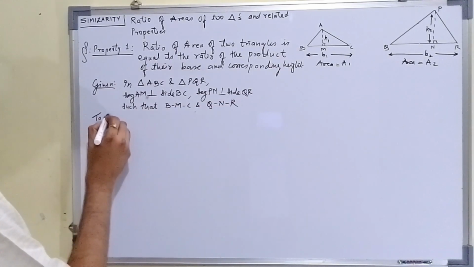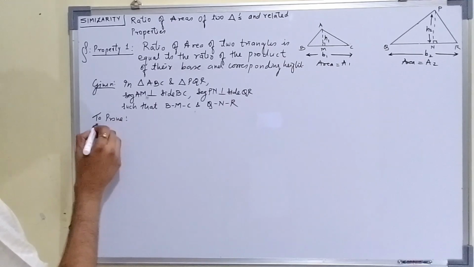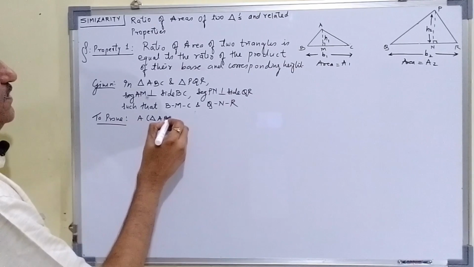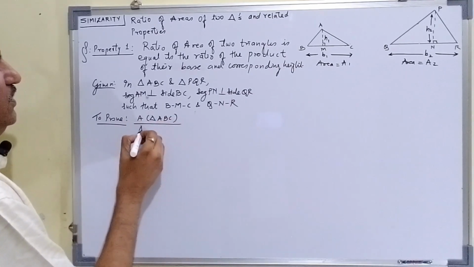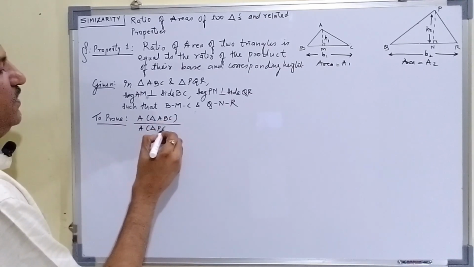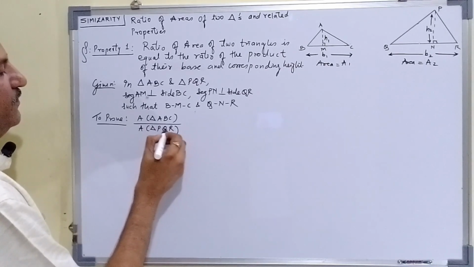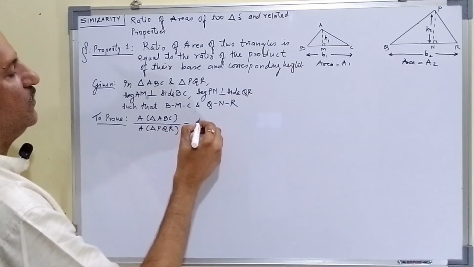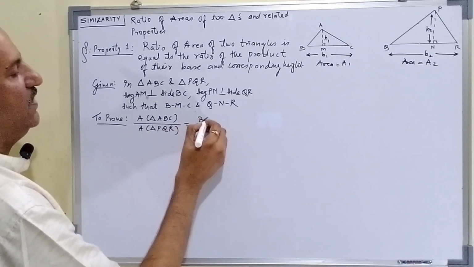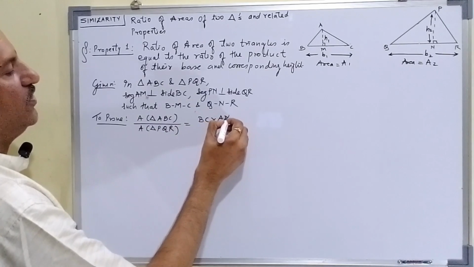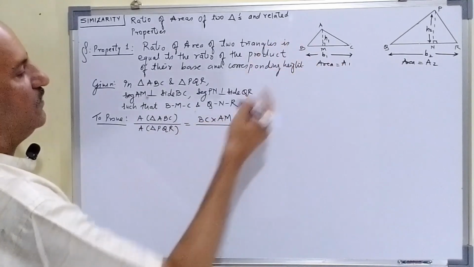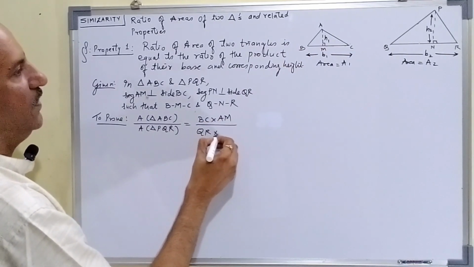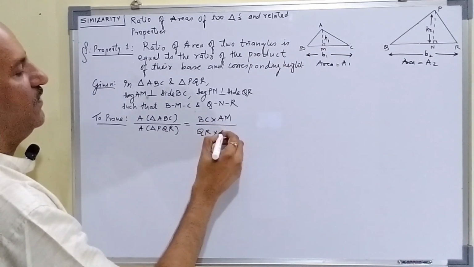What we have to prove? We have to prove area of triangle ABC upon area of triangle PQR is equal to base into height. So half base, it will be BC into AM, the product of base and height. In the same way, the product of base and height for the other triangle is QR into PN.